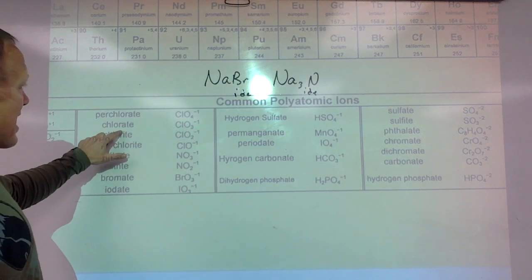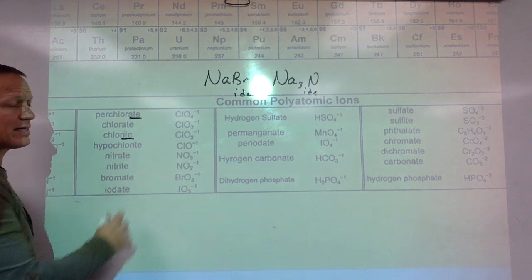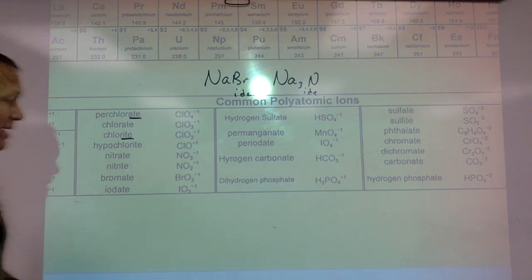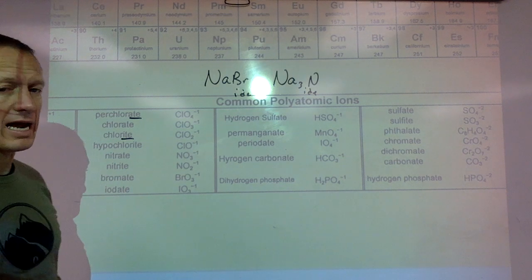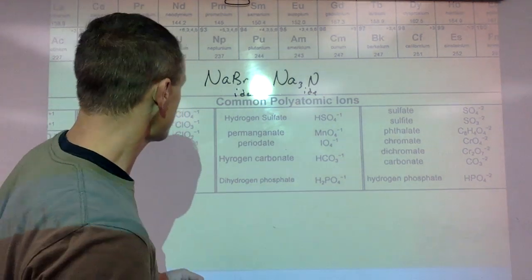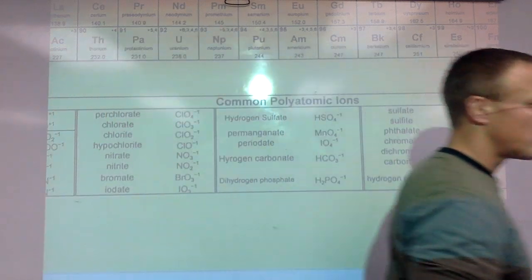Most of these end in "ate" or "ite." There are a couple of them that end in "ide," like hydroxide, but most of them end in "ate" or "ite," so that's how you know when they're in a compound. So let's write a couple formulas with these.